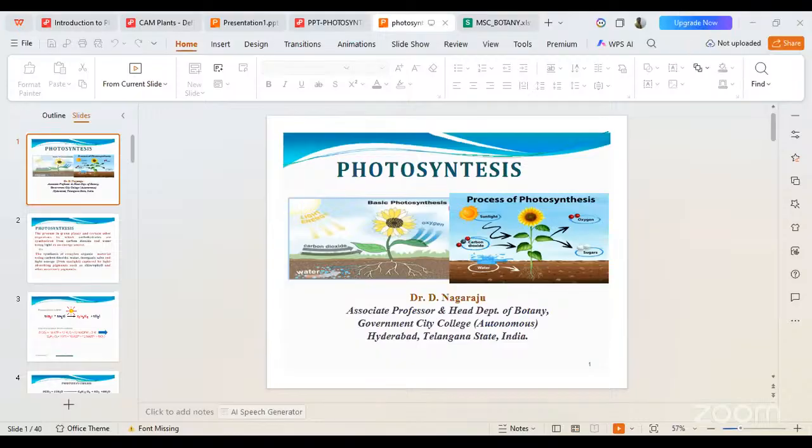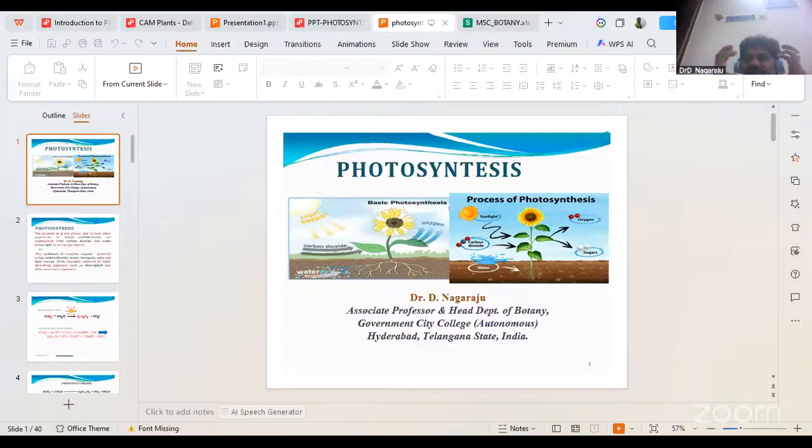That's why we call it the light independent reaction. The first is the light dependent reaction. The second one is the light independent reaction, without using light. The main light source is the sunlight.